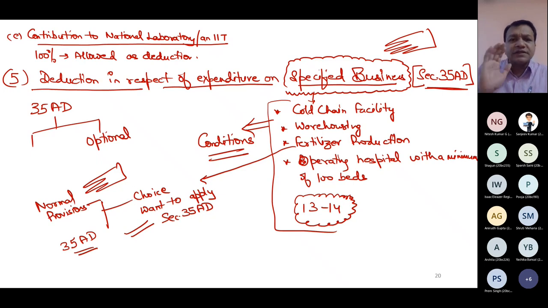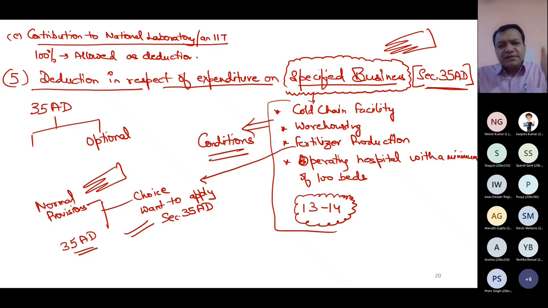It is not in our course in detail, but I can get a question in one or two lines that this is the loss or income of a specified business 35 AD. For that purpose you must have the knowledge of 35 AD. How to compute the income of 35 AD is not in our course.